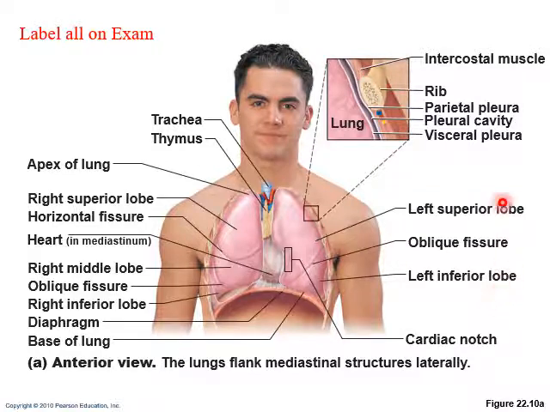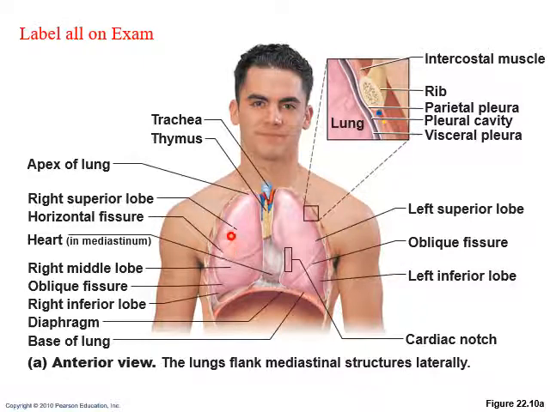Okay, so in this picture, you need to know everything on here. All right, let's take a look. We've got trachea sticking out, and you can tell because it's got the ribs that go across. You've got the thymus that lies over top of the trachea. You've got the apex of the lungs, that's the tips up here.